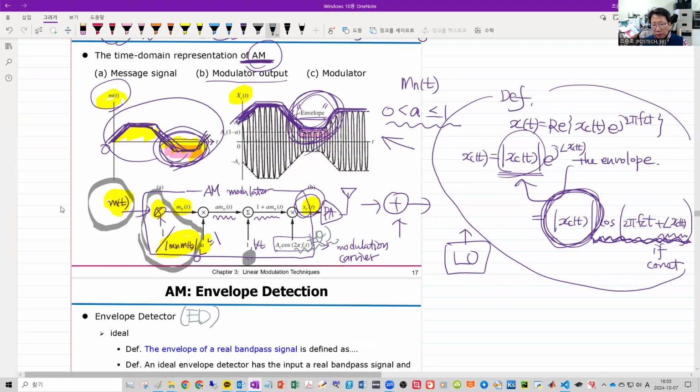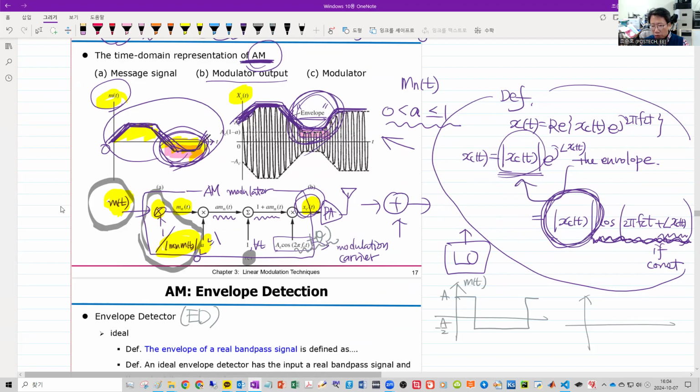If the message is, for example, something like this, then what would be the modulator output? Modulator output would be, so this is the message, let's say A, negative half A, okay?